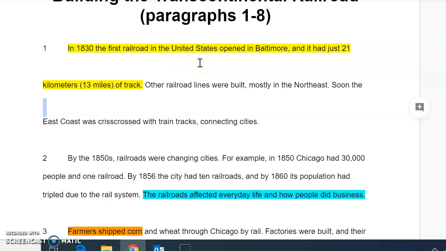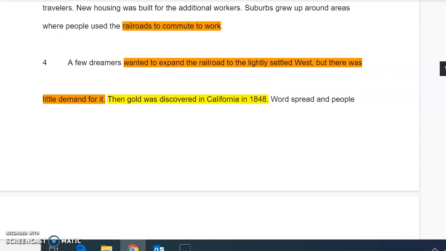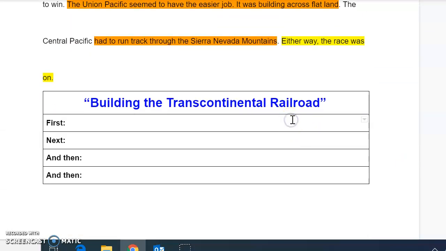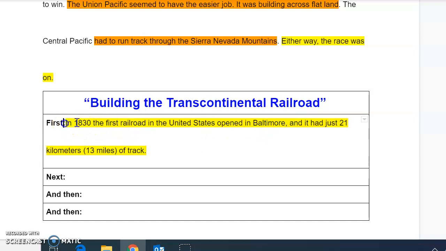That is the date, the first thing that happened leading us into this paragraph. So when we are filling out our tracker at the bottom, we would definitely want to add this sentence as our first key detail, because without that, the rest of the story would not go on as it does.